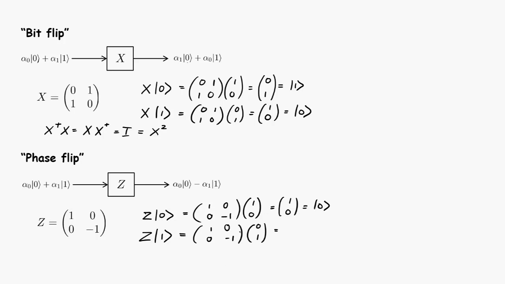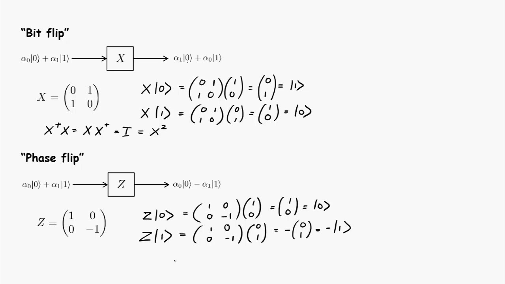What it does is put a minus sign in front of it. What's the point of this minus sign? If you start with a linear superposition of 0 and 1, alpha 0 times 0 plus alpha 1 times 1, it gets mapped to alpha 0 times 0 minus alpha 1 times 1.